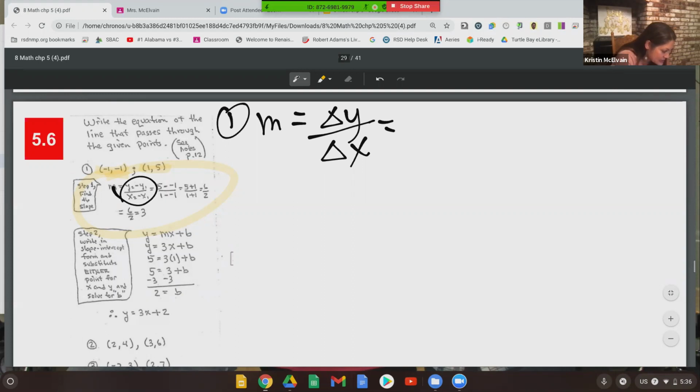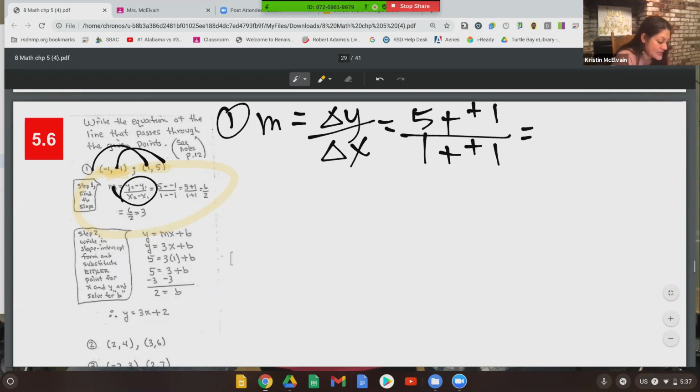So we're going to go y minus y over x minus x. So 5 minus negative 1 over 1 minus negative 1. 2 negatives means we add the opposite, gives us 6 over 2, which of course is 3.